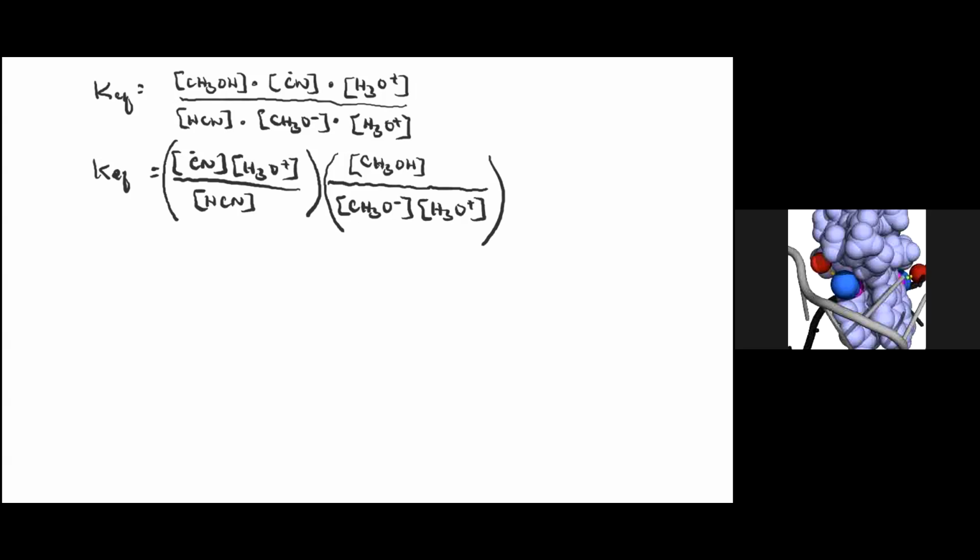Okay, and so what have I done? I've actually written out the expression for Ka of HCN. And on the right there, I've actually got the inverse of the Ka for methanol. So 1 over Ka.